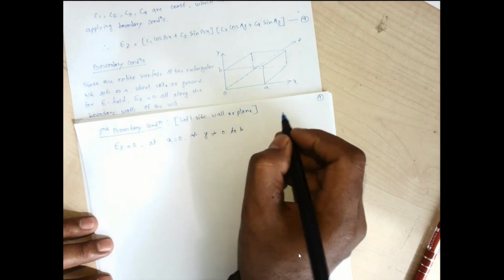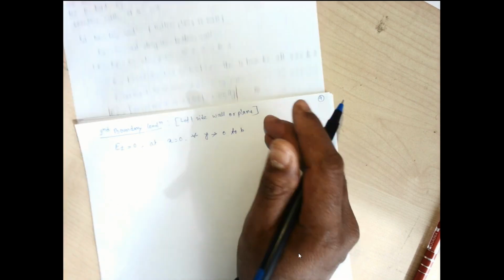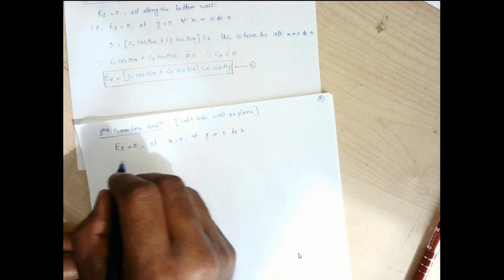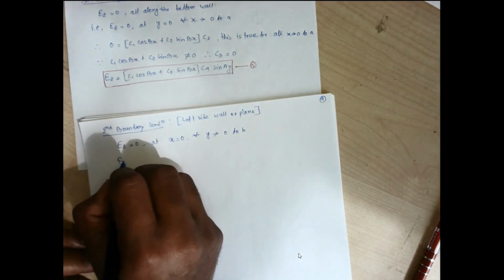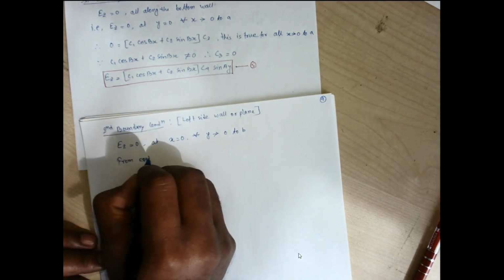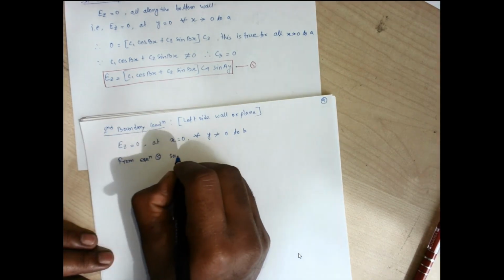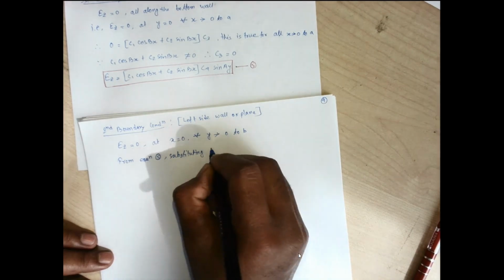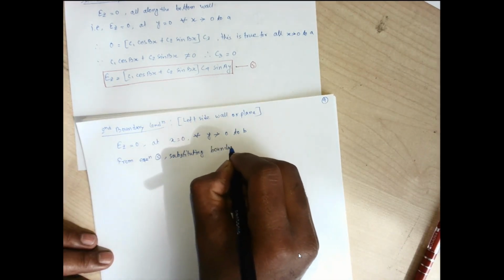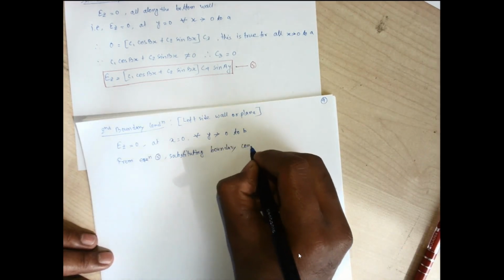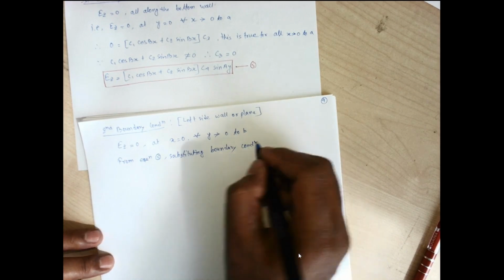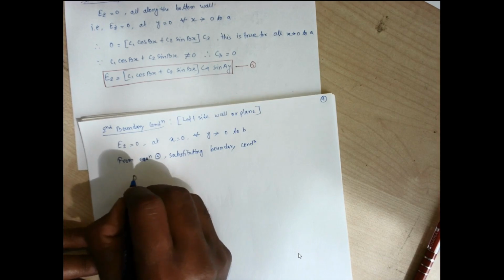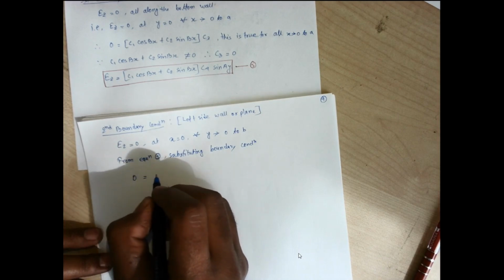So in equation number 5, if we substitute this boundary condition, then from equation 5, substituting the boundary condition, we are having our Ez equal to 0, at x equals to 0.